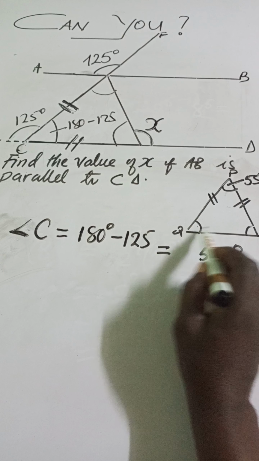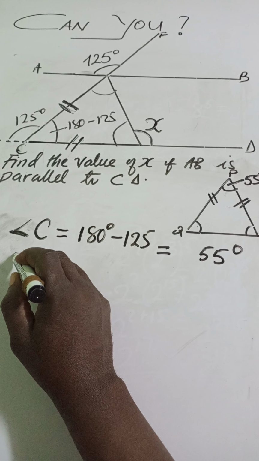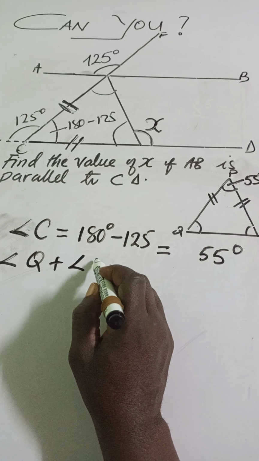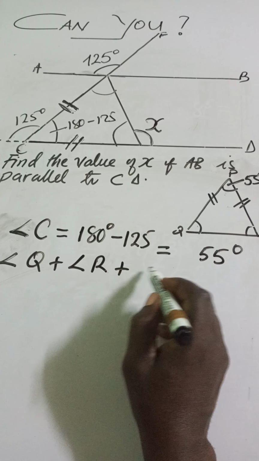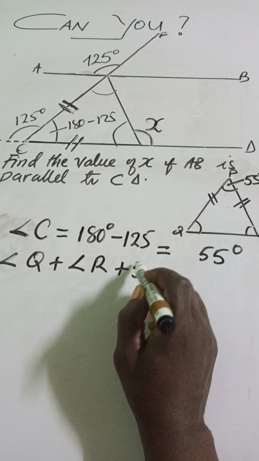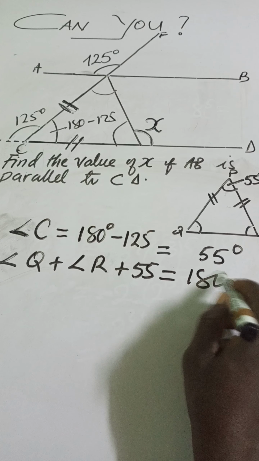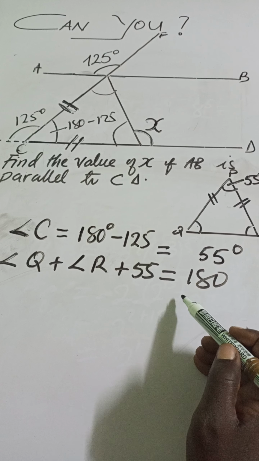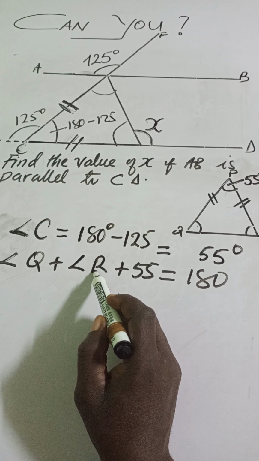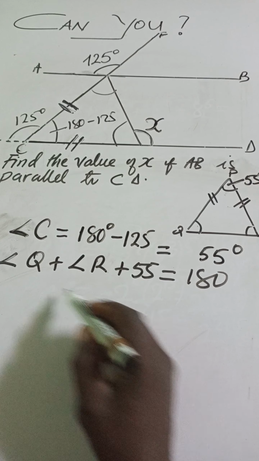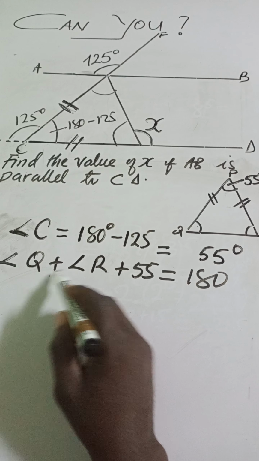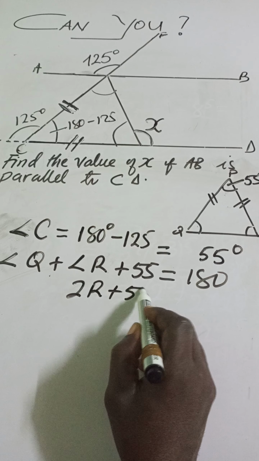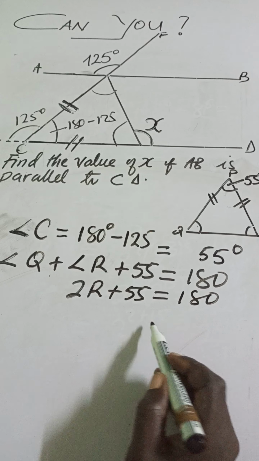Let us get angle Q and angle R. We know that angle Q plus angle R plus this angle of 55 degrees must be equal to 180 degrees. That is, the sum of the interior angles of any triangle must be 180 degrees. But angle Q is equal to angle R, property of an isosceles triangle. So we can write this as either 2Q or 2R. So we say 2R plus 55 is equal to 180 degrees.